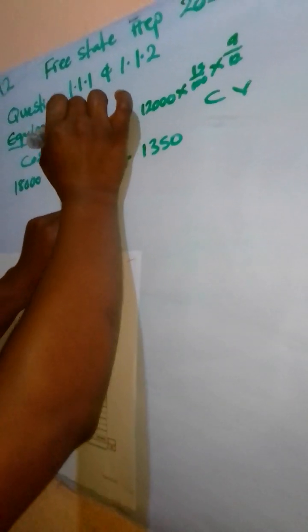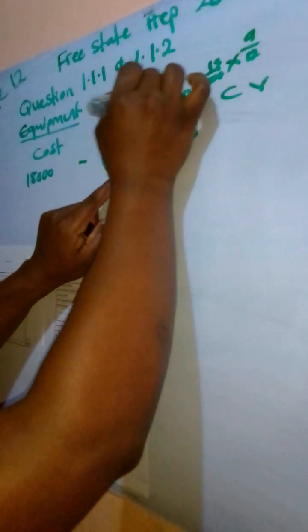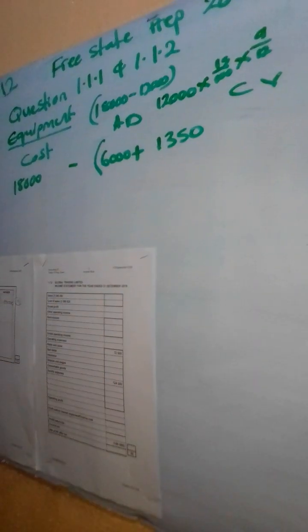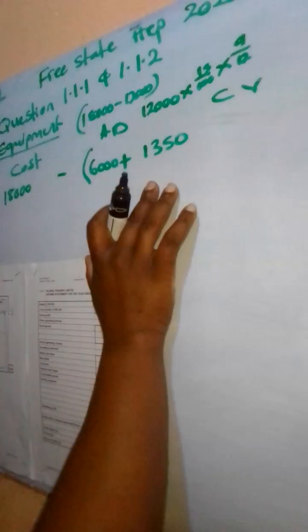Okay, you might be wondering, where did this 6,000 come from? It's from saying 18,000 minus 12,000, which is given on the question paper. If you look at the question paper, they said the cost price is 18,000. The carrying value at the beginning of the financial year was 12,000. So if you say 18 minus 12, we remain with 6,000. Remember, here we want to calculate the total accumulated depreciation for the asset before it was sold.